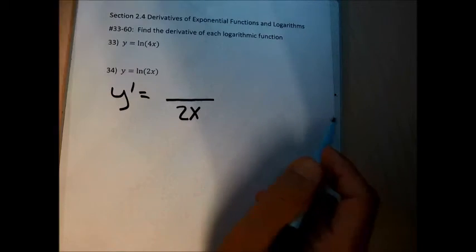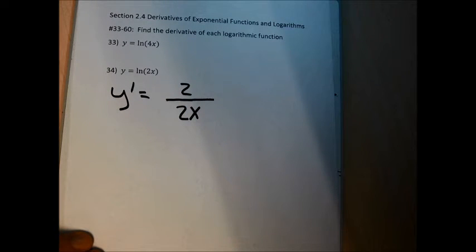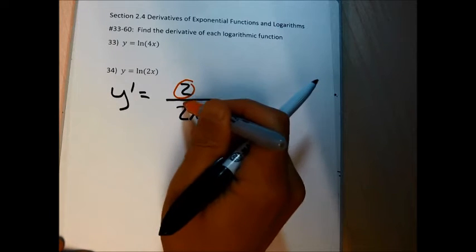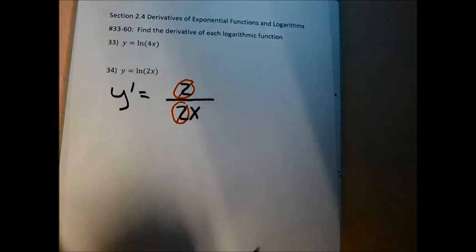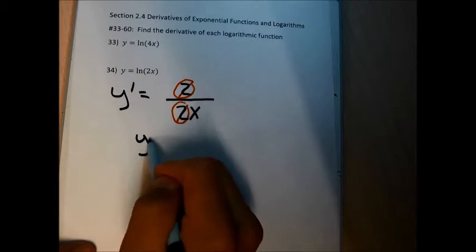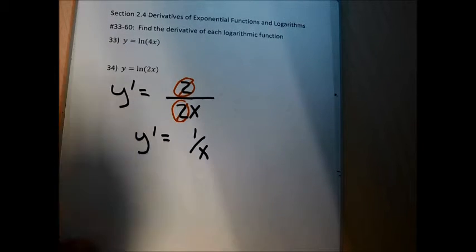The derivative of 2x is just 2. And now there isn't any adding or subtracting in either the numerator or the denominator, so I can cancel the 2's. If there was an addition in either the numerator or the denominator, I probably couldn't cancel like this. So I'm going to cancel. Those will turn into 1's. And for my answer, I can't write a fraction without a numerator, so I'm going to write 1 over x.